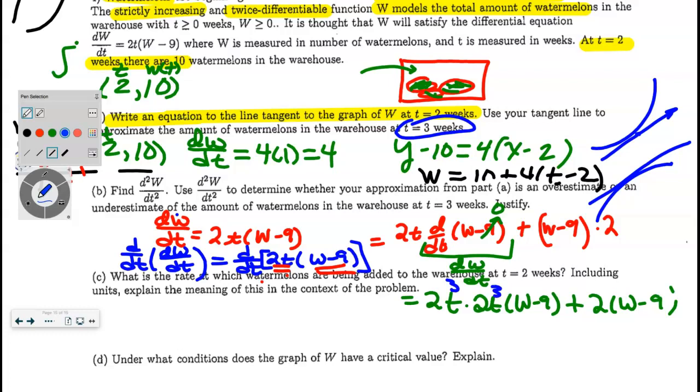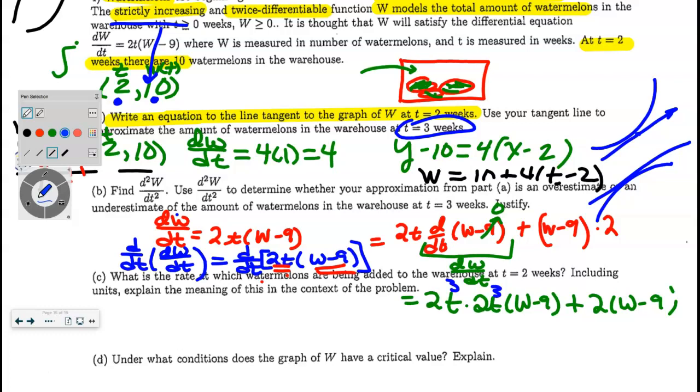Also, it said that at time 2, there were 10 watermelons. It didn't say at time 3, but now in the stem of the problem. What's going to make me very assured that W minus 9 is positive? Yeah, W is strictly increasing, correct? So I know that this guy right here has to be positive because we're increasing.